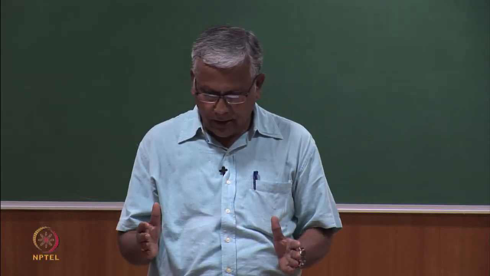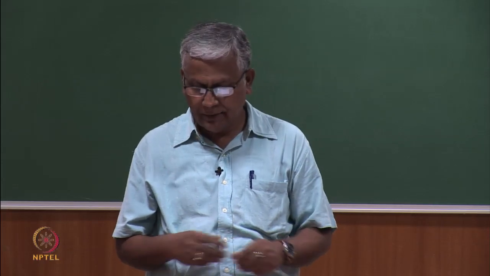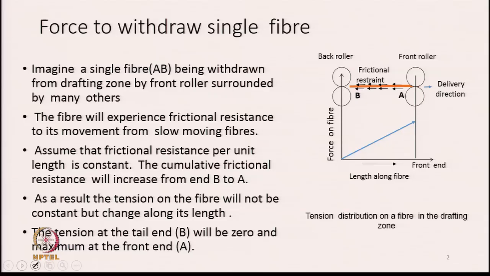As we have already understood the drafting part, within the drafting zone there will always be two groups of fibers, one group moving at front roller speed, another group moving at back roller speed.